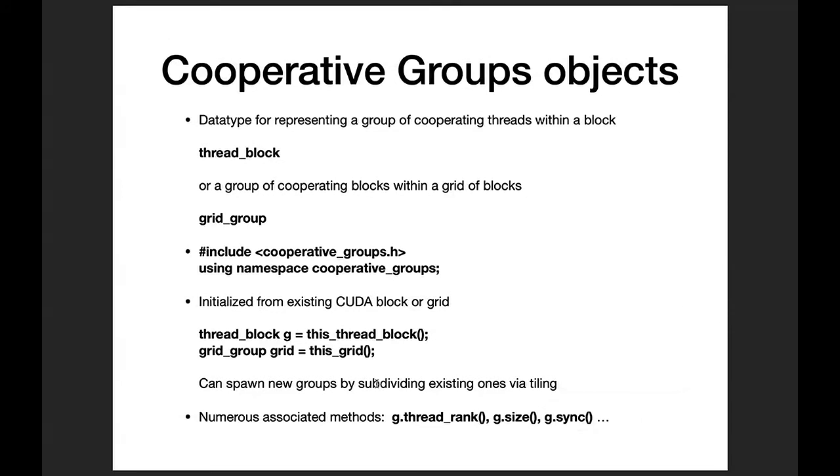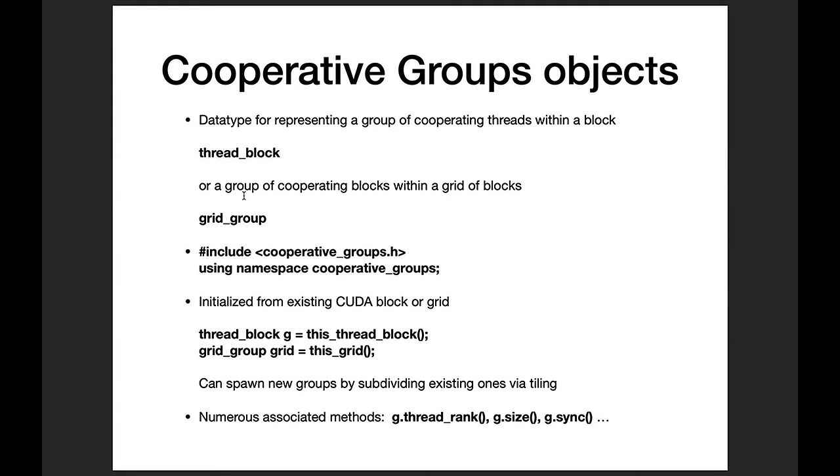and the associated objects for this improvement. The heart of cooperative groups is that it introduces new objects which can represent groups of threads. In particular, there's a new data type called thread block. This is a data type which describes a group of threads within the block. This can be the entire block or some subset of threads within the block.